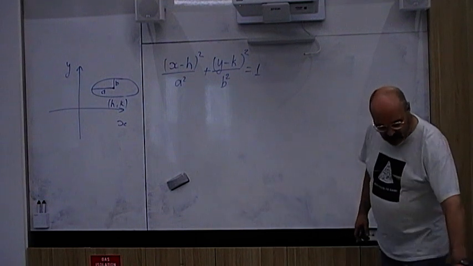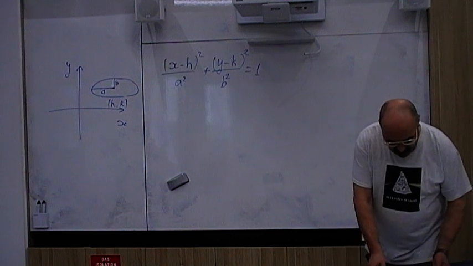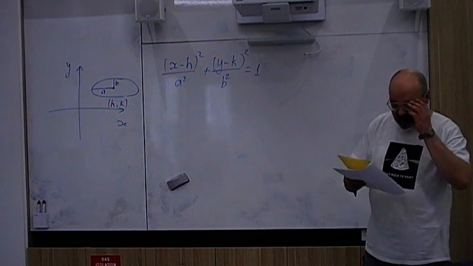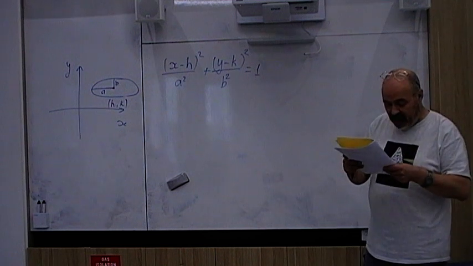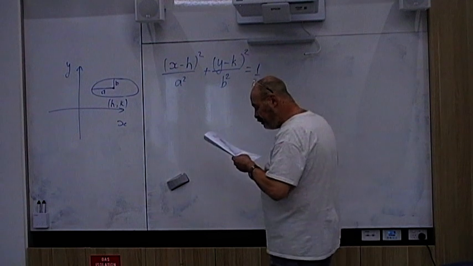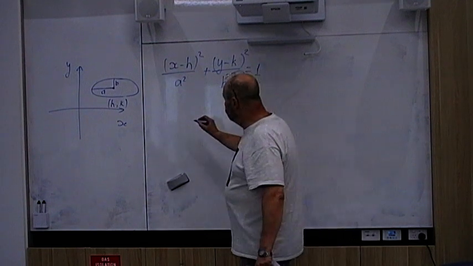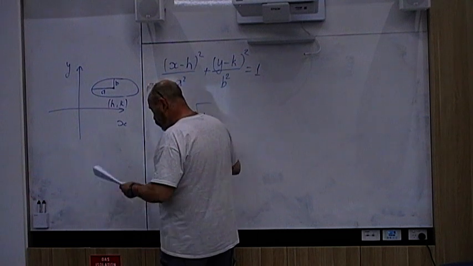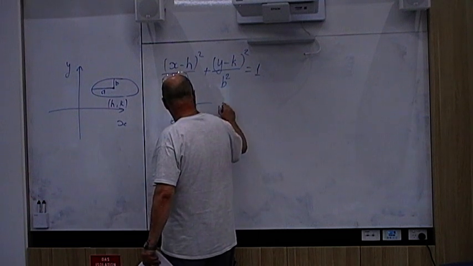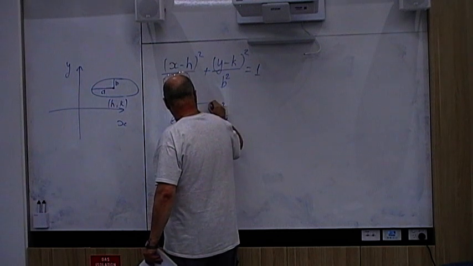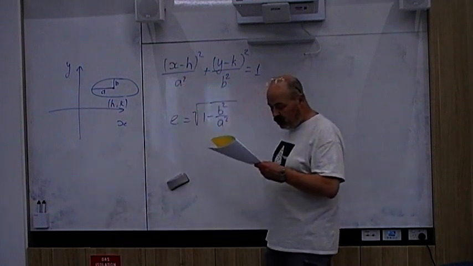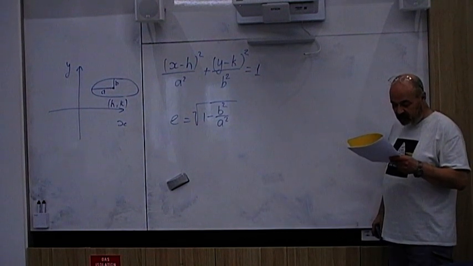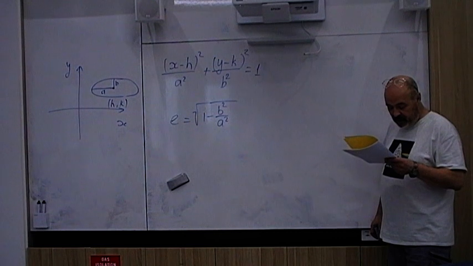That makes sense. And we have one term, called the eccentricity of the ellipse, which equals the square root of 1 minus b squared over a squared.